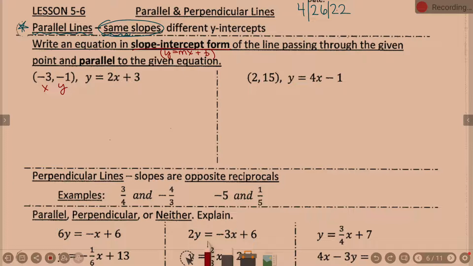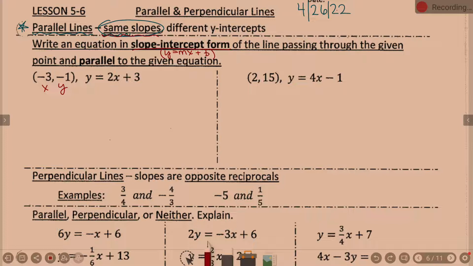Well, parallel lines have the same slopes. What's the slope of this line here? Y equals 2x plus 3. Where's the slope of that line? Not 3. 2. Why 2? Other than it's the other number left.